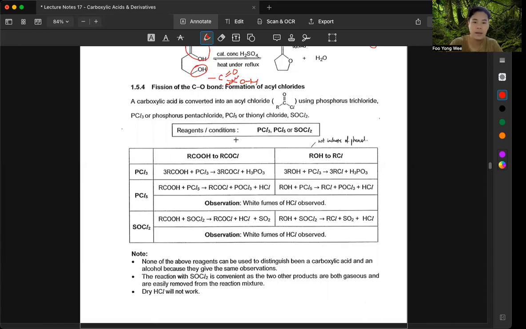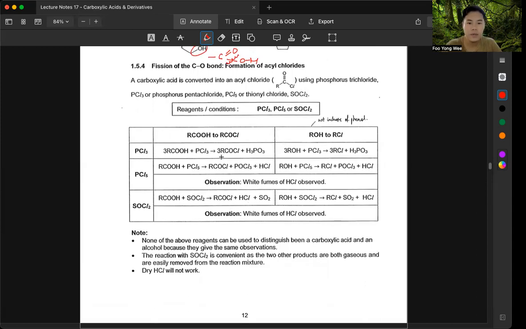So you cleave and form RCOCl, and the other product is phosphorous acid, H3PO3. This is for acid. Alcohol also can, but it doesn't include phenol.